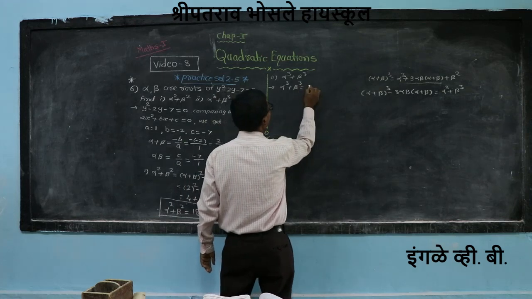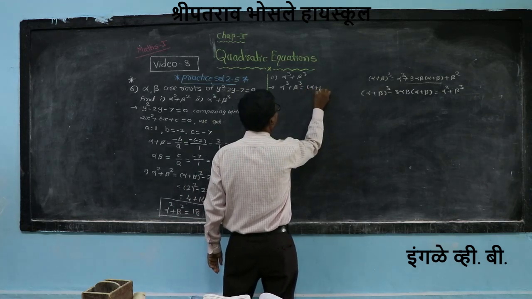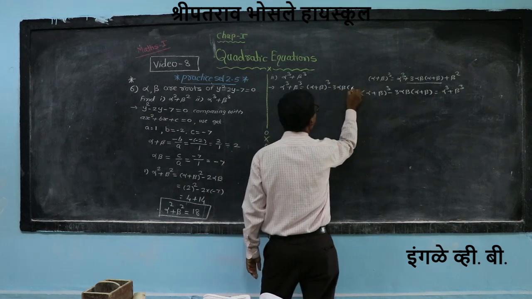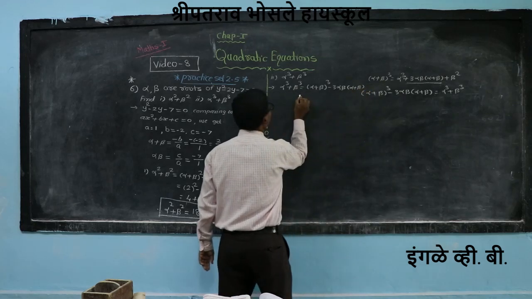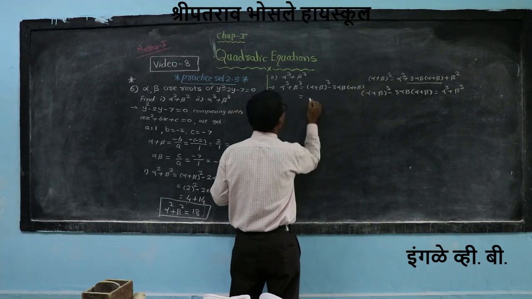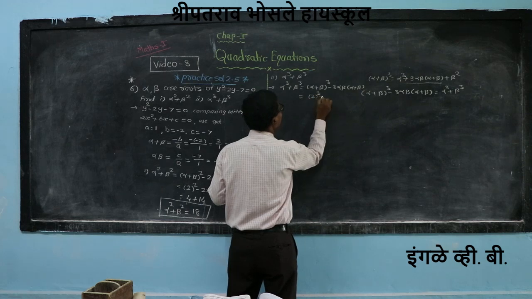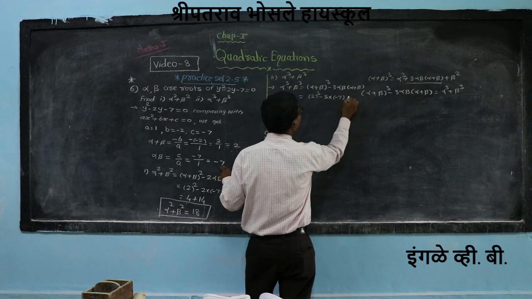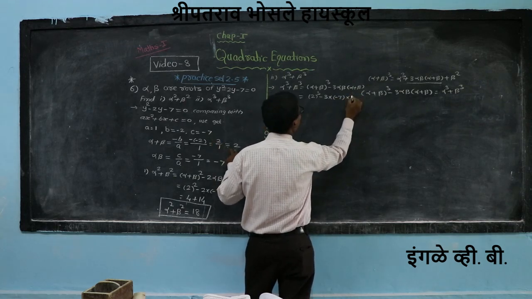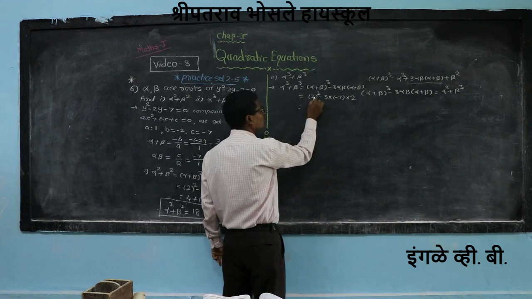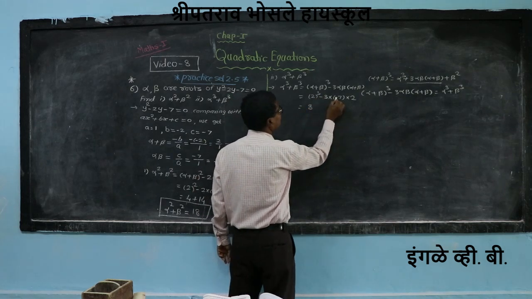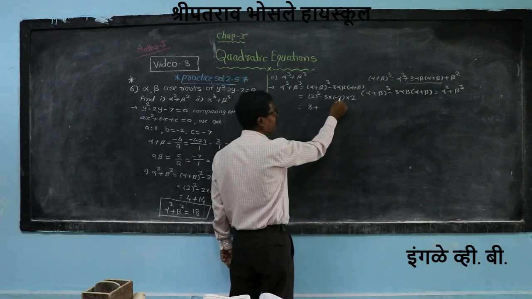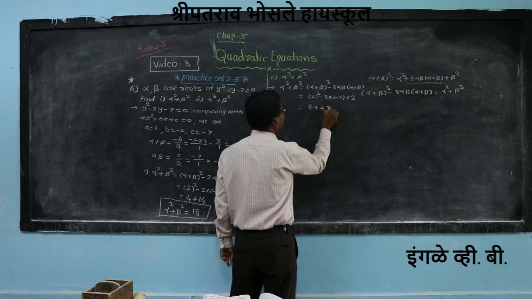So we get alpha plus beta cube minus 3 alpha beta in bracket of alpha plus beta. Put the values: alpha plus beta is 2, cube, minus 3 into alpha beta, which is minus 7, into alpha plus beta, which is 2. 2 cube means 8, plus 3 sevens are 21, 21 twos are 42, so 8 plus 42.